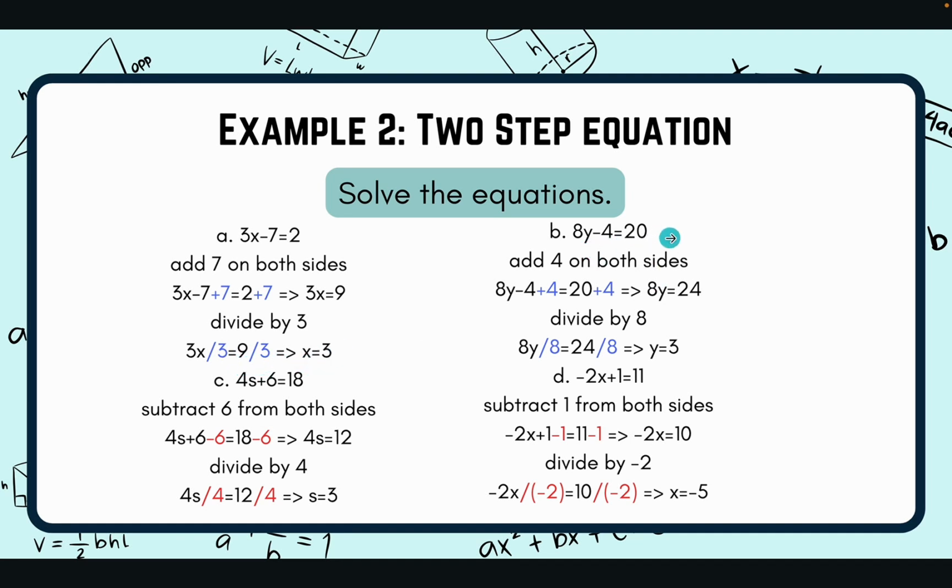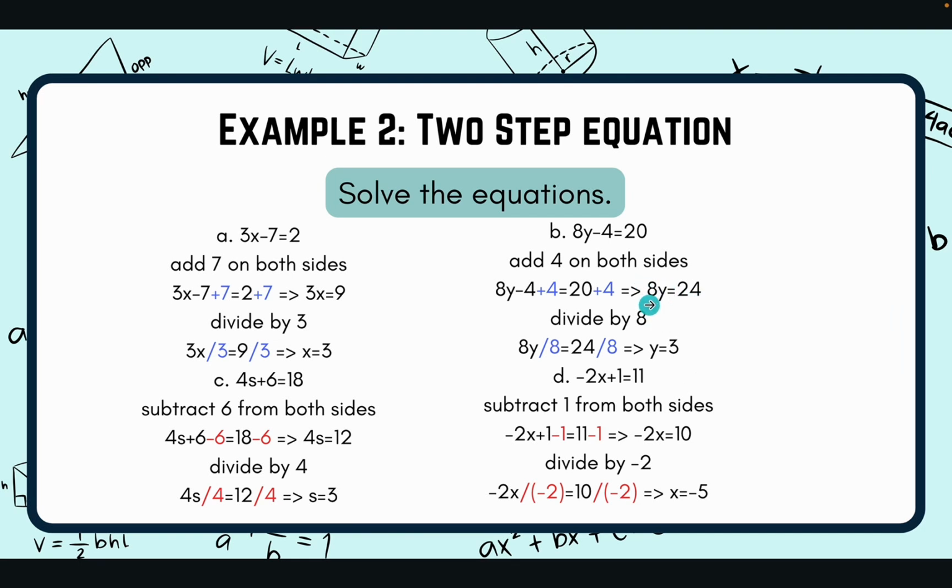For B, 8y minus 4 equals 20. So here there's minus 4. So inverse operation again, you use plus 4. So 8y minus 4 plus 4 equals 20 plus 4. And that is 8y equals 24.